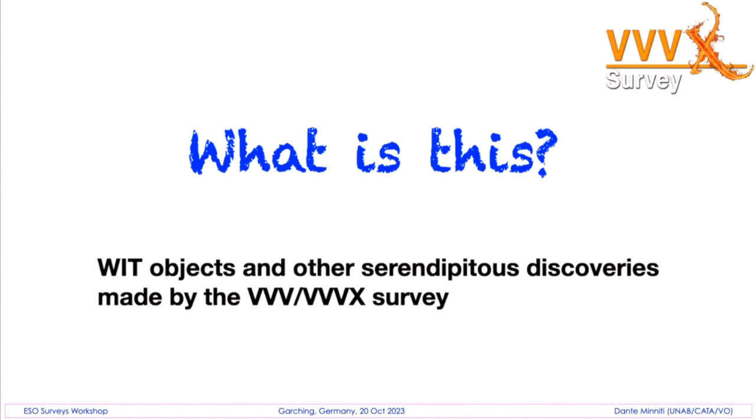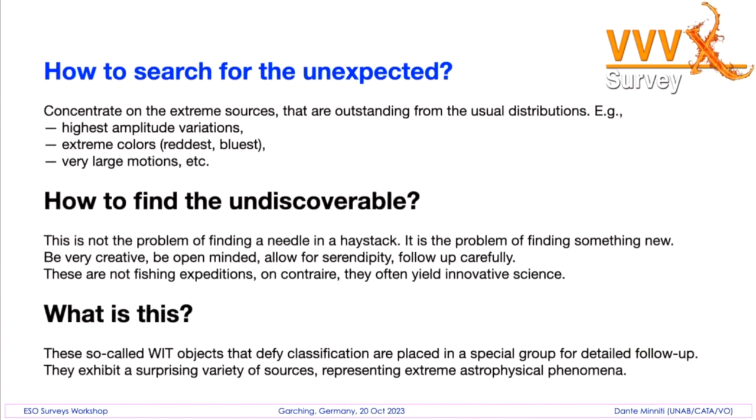But let me go back to the topic that I advertised, that is, what is this? These are strange objects or even serendipitous discoveries that we have made. And how do you search for the unexpected? Initially, you look for the extremes, right?